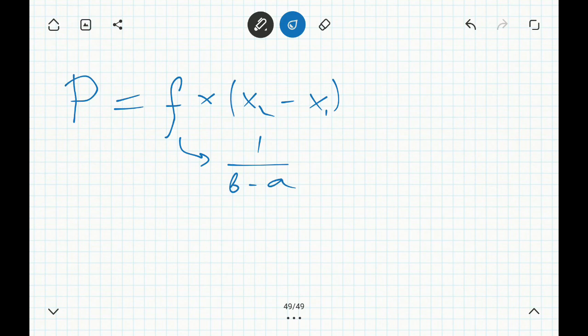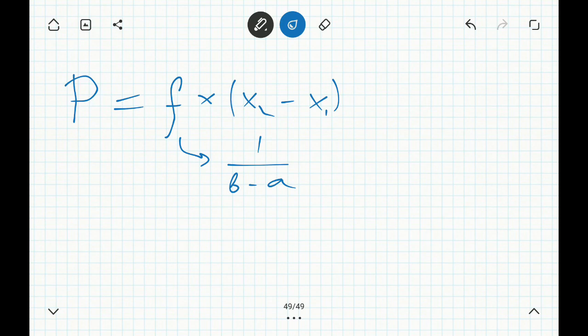Okay, so, again, if you remember the calculus, there is a thing called the derivative, and now we will use that derivative.